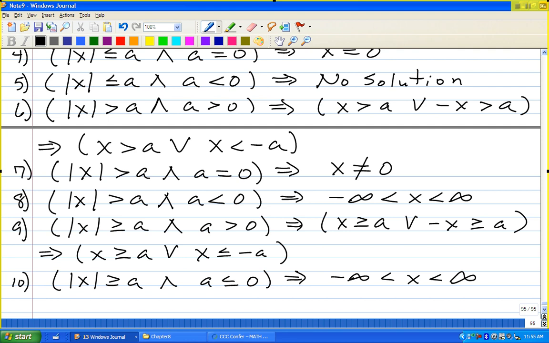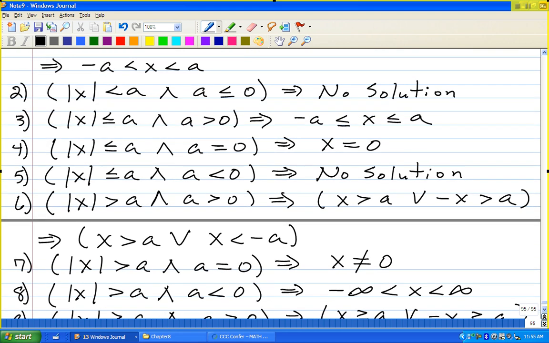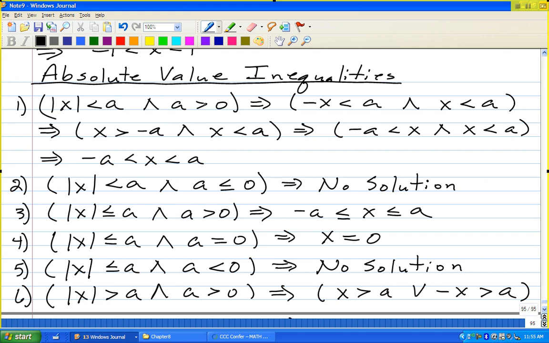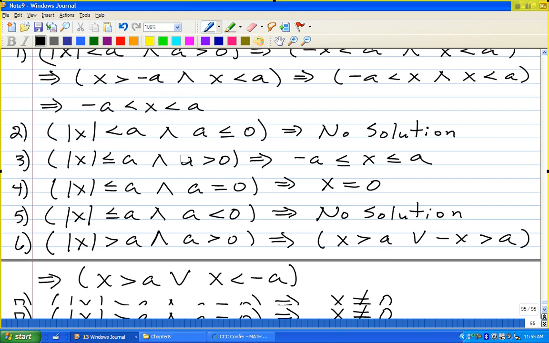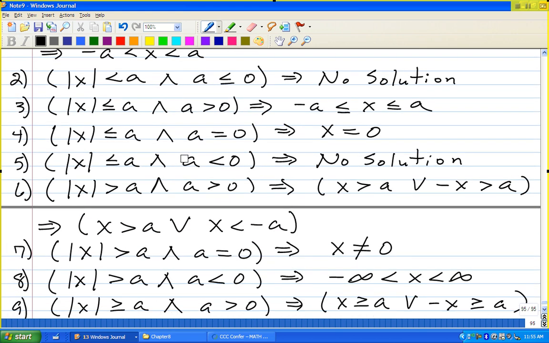So I would say that in general, there are 10 cases. Would I memorize all 10 cases? Probably no. I would just memorize the first case, and the fact that if it's less than, it becomes between, and if it's greater than, then it just becomes an or.